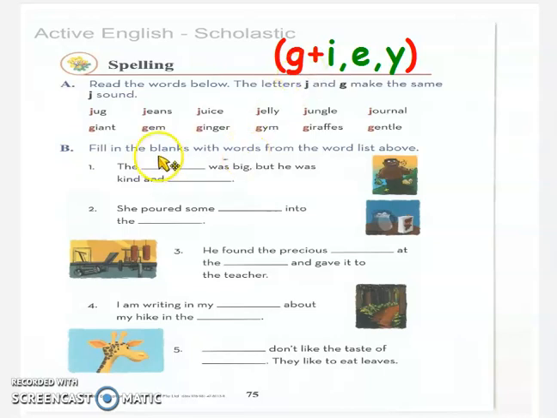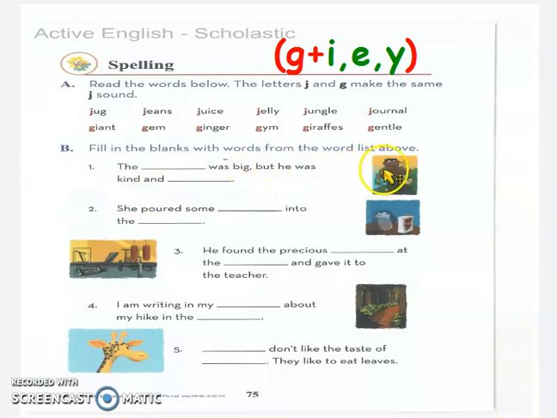Okay, let's go to exercise P. Fill in the blanks with words from the word list above. As usual, my students, we have to complete these sentences with these words. Number 1. The blank was big, but he was kind and blank.